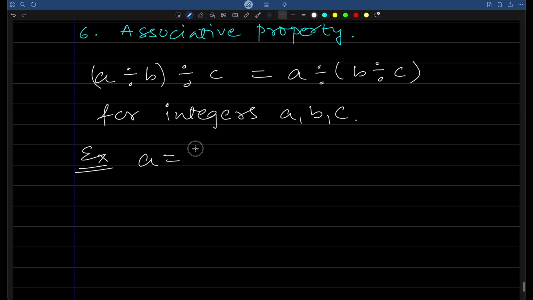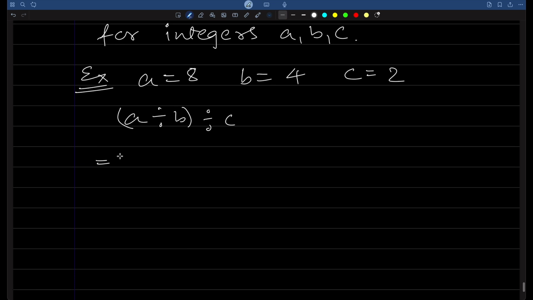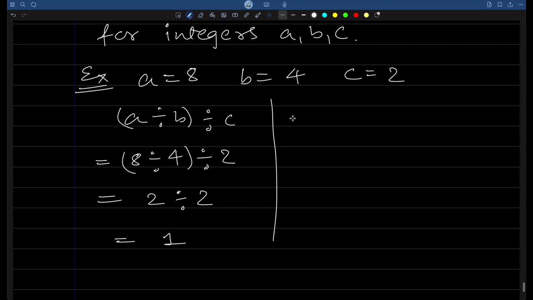For a equals to 8, b equals to 4, c equals to 2, (a divided by b) divided by c, that is equals to 8 divided by 4 divided by 2, that is equals to 2 divided by 2, that is equals to 1.